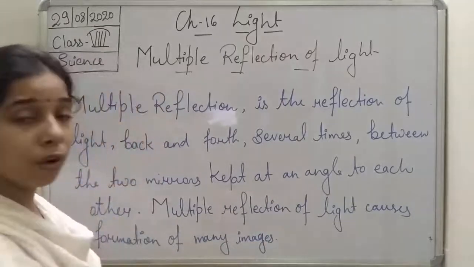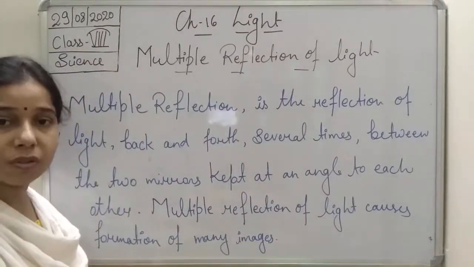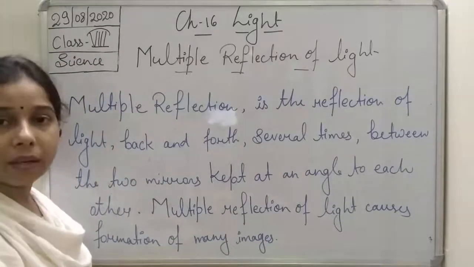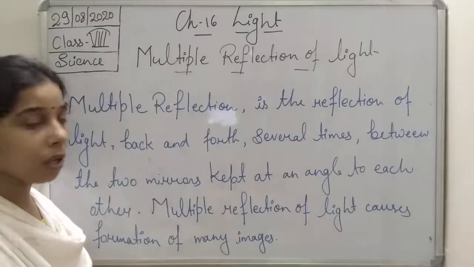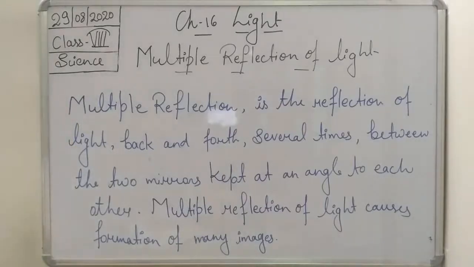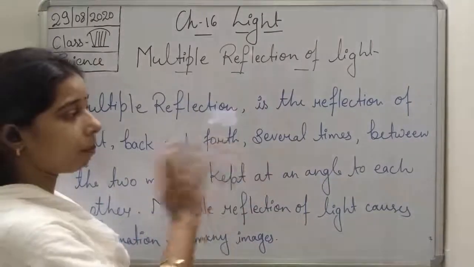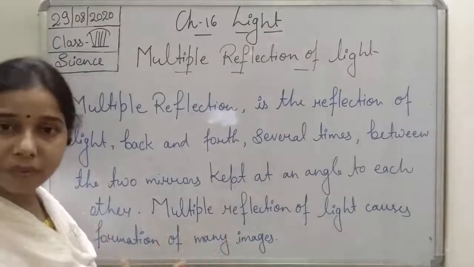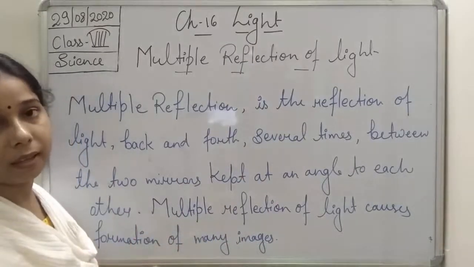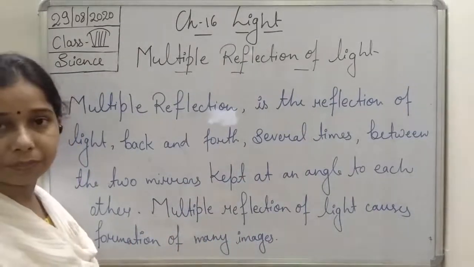Okay, so a lot of images are formed due to the multiple reflection of light. So what is multiple reflection of light, students? That is the reflection of light which takes place back and forth several times when the two mirrors are kept at an angle to each other.